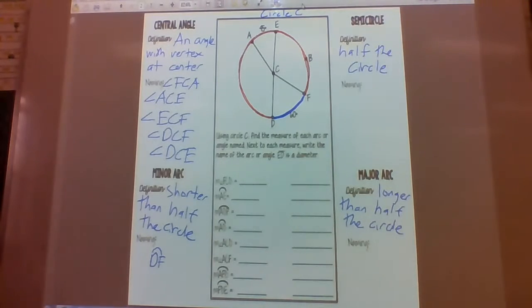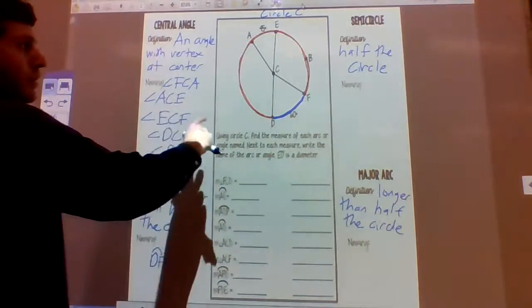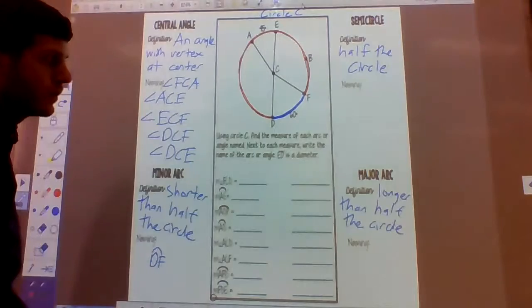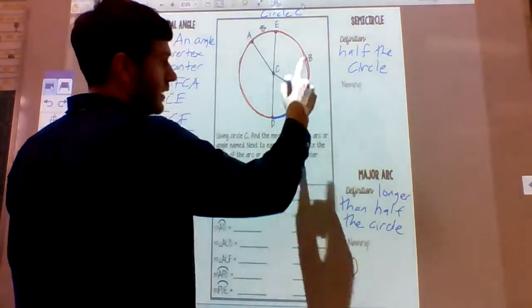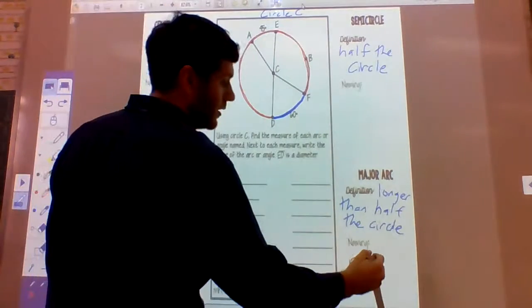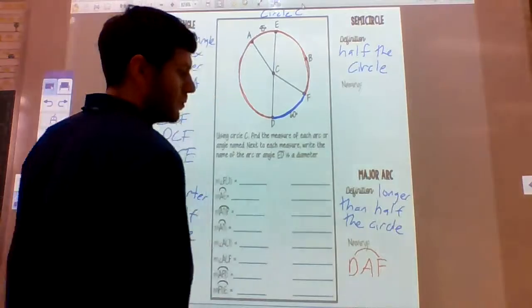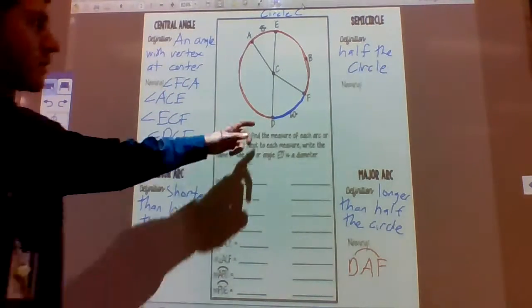So we use the two endpoints, D and F, and a third point on the circle, either A, E, or B. Any of them will work. Let's use A. So D, A, F, and we put the arc symbol on top. So arc DAF is the major arc.